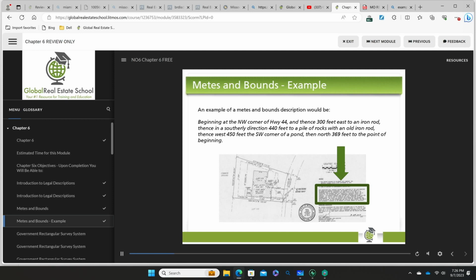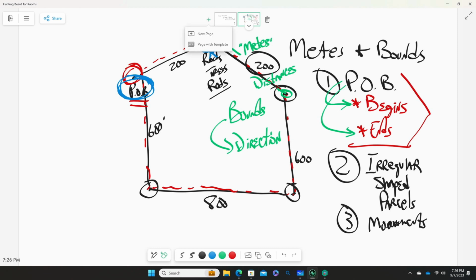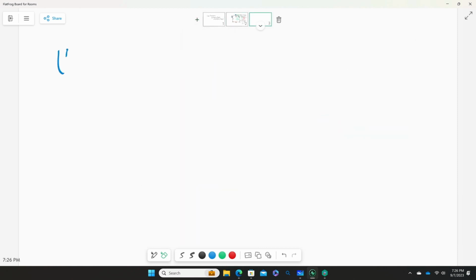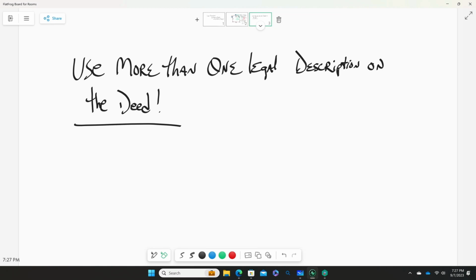And that's the second thing, as we get into the government rectangular survey system, that I want you to know, and you need to know for the exam: you can use more than one legal description on the deed.